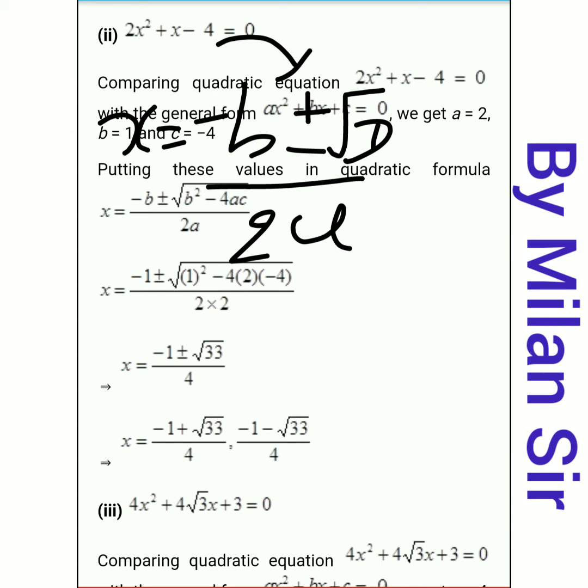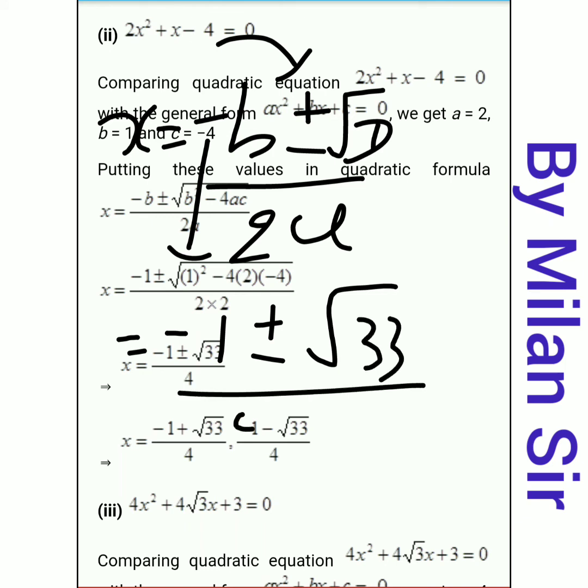Okay. Now we need to put the value of a, value of b and value of under root d. So first of all, our minus sign remains as it is. Then the value of b is equal to 1. Then plus or minus under root d, that is under root 33, divided by 2a, where our value of a is equal to 2.